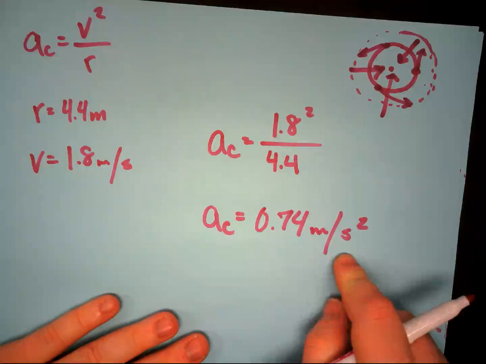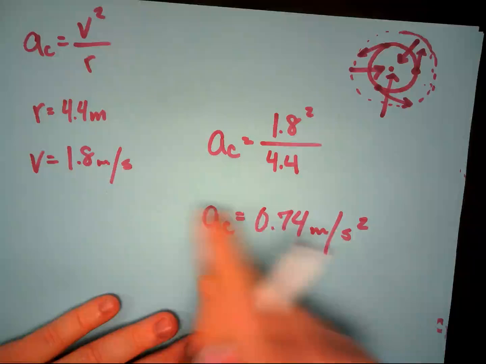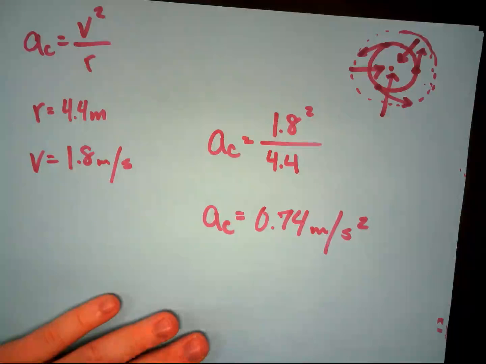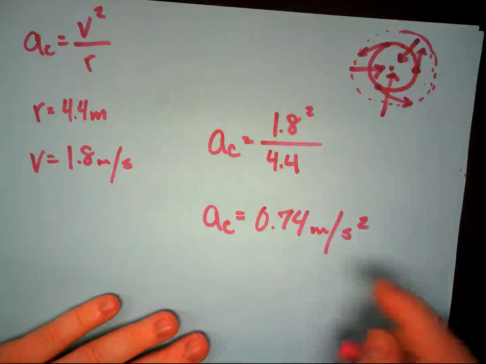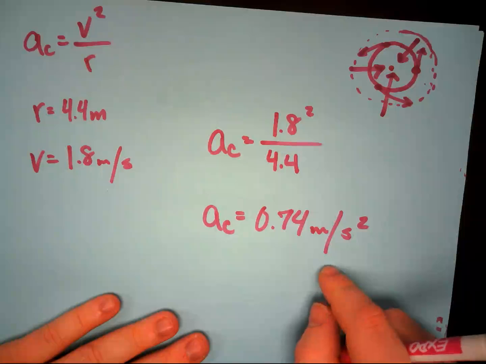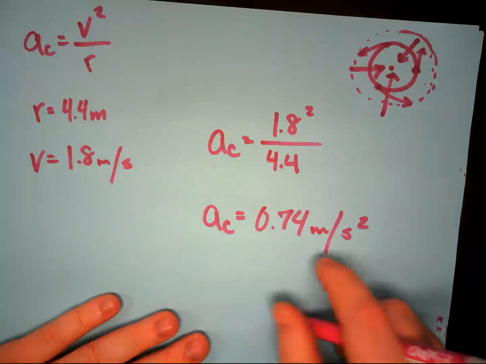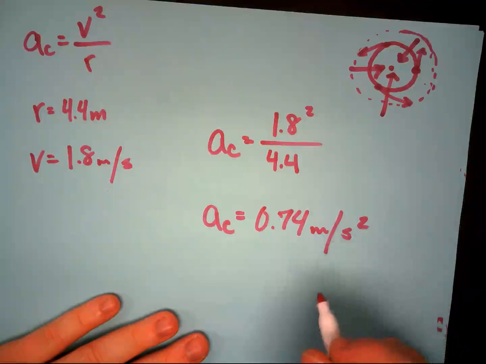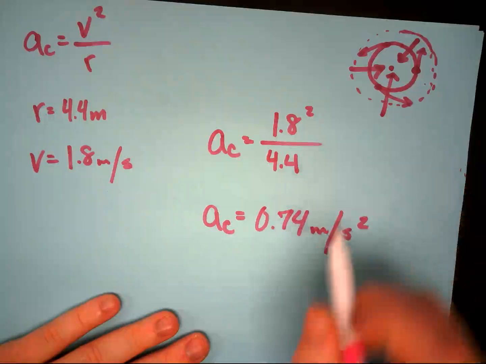But it is still meters per second squared, because we're still describing how quickly the velocity is changing toward the center.